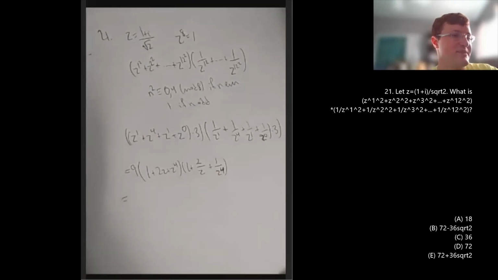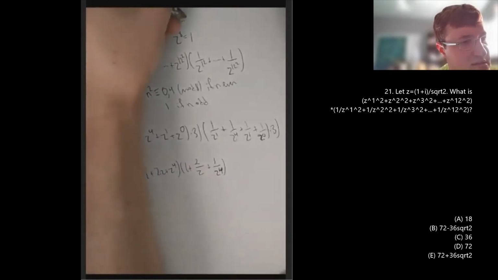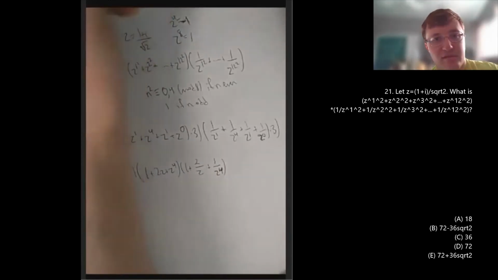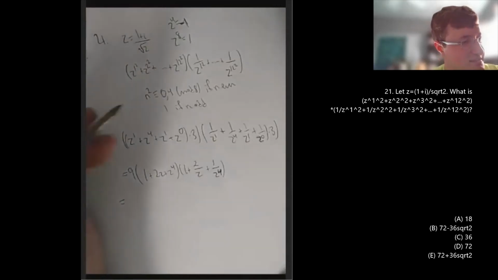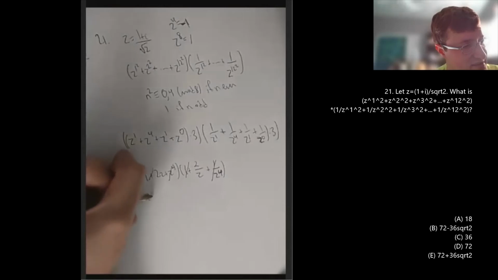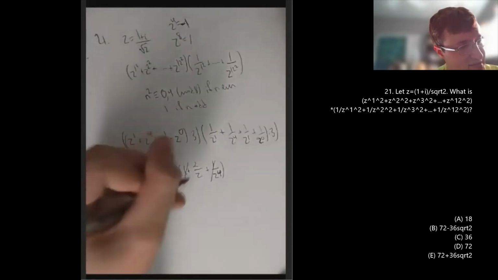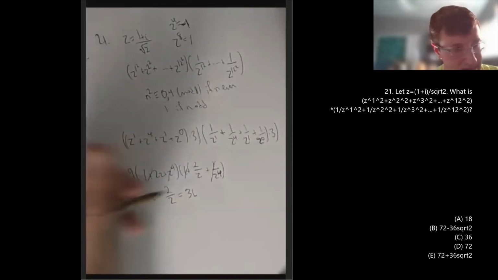Oh, z to the 4th is minus 1, because z is a primitive 8th root of unity. So z to the 4th is minus 1. Okay, so these terms cancel, these terms cancel. So I get 9 times 2z times 2 over z, and then the z's cancel, and I get 36. Okay, so that is C.